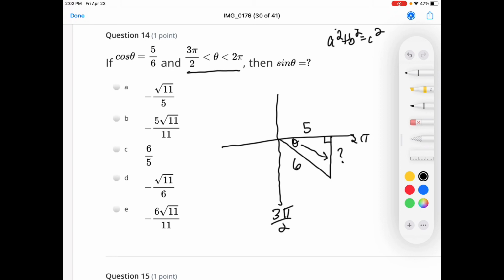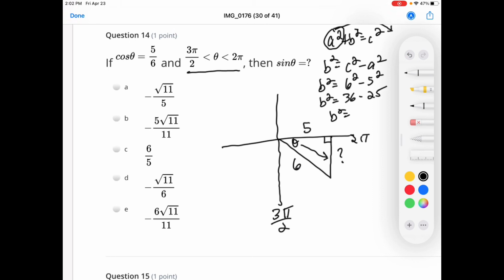Let's try to find B. So B squared equals C squared minus A squared. B squared equals 6 squared minus 5 squared. B squared equals 36 minus 25. B squared equals 11. B would be the square root of 11. So my opposite side is going to be a negative value because you got a positive x and a negative y. It's going to be negative root 11.